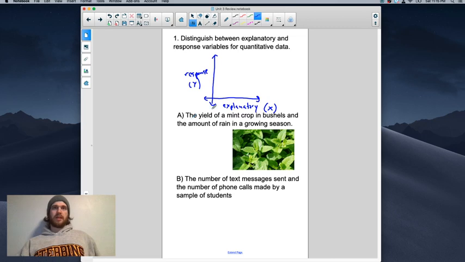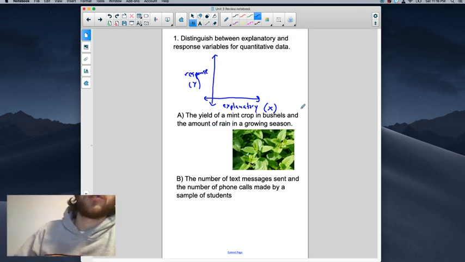Typically we might call this the dependent and the independent, but basically it's all about which one causes a change in the other. Also, a lot of times it's which one we have control over in a study. In neither of these cases do we, because they're observational studies. We do not have control over the rain or the crop yield.